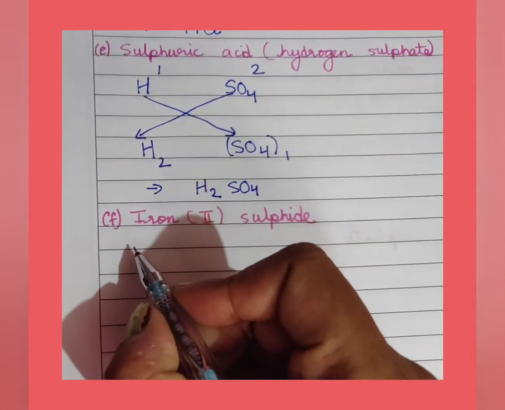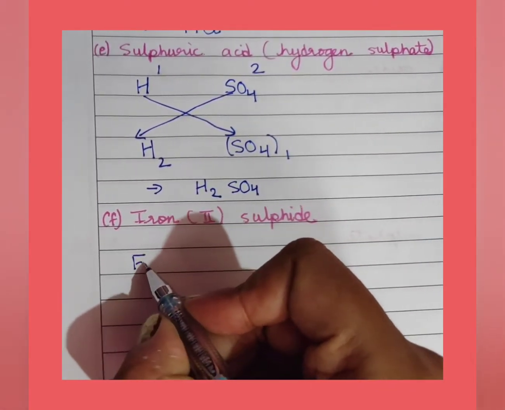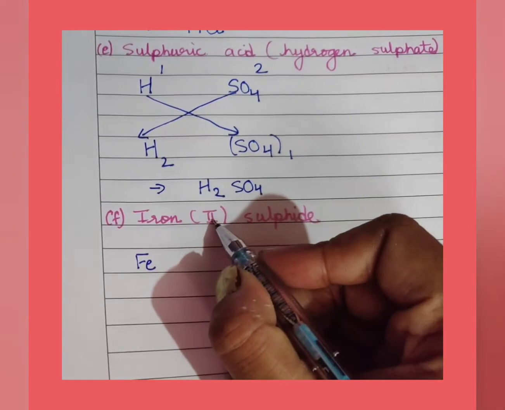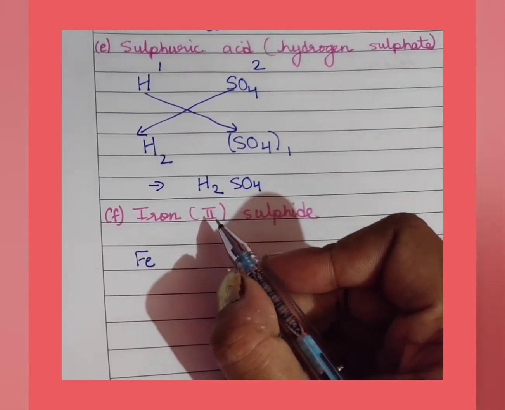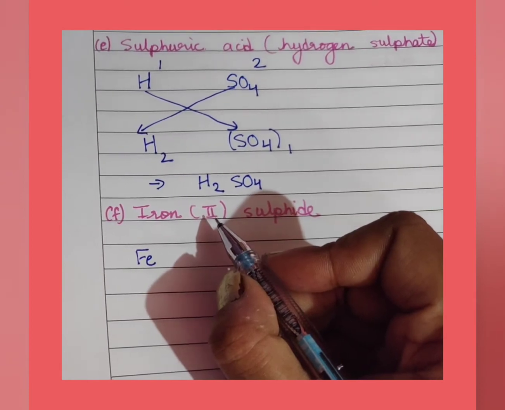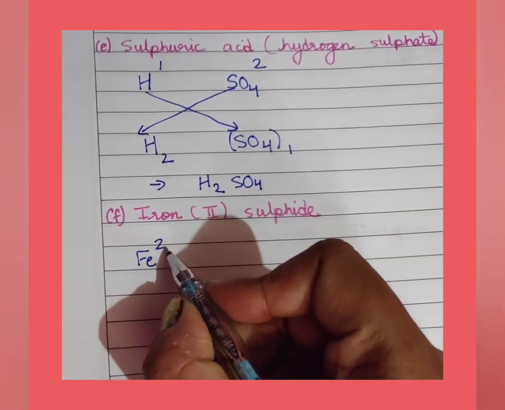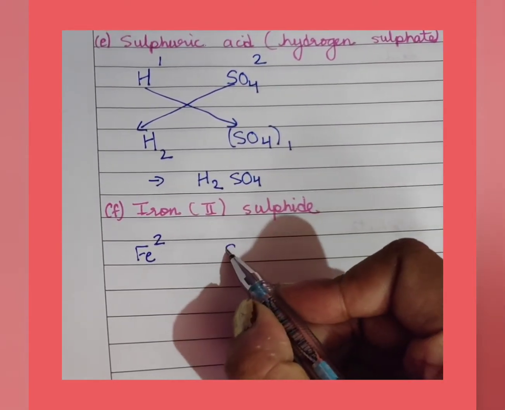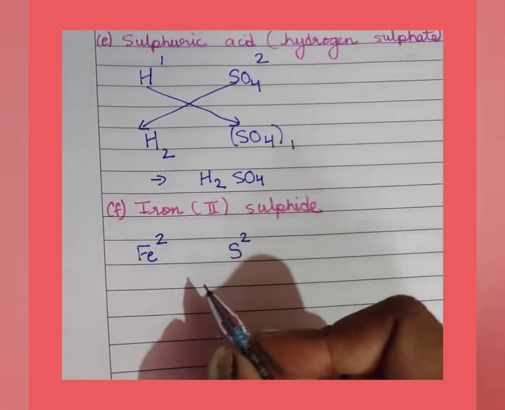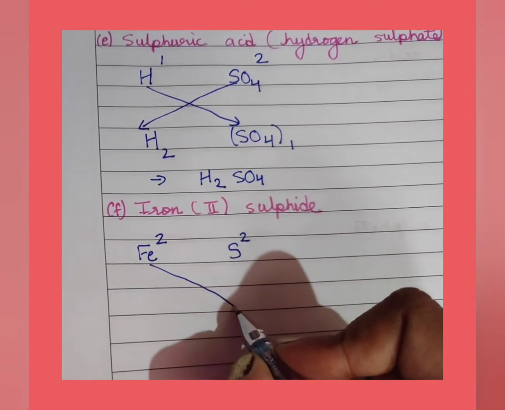Next comes iron 2 sulfide. So iron, what is the valency out here? Roman 2. Why? Because iron has two variable valencies, 2 and 3. The lower valency is 2. Then sulfide. Sulfide means sulfur in the combined state, whose valency is also 2. Now what will they do?